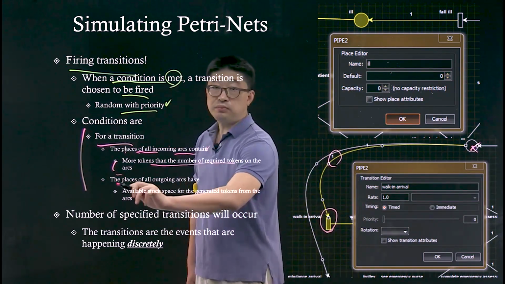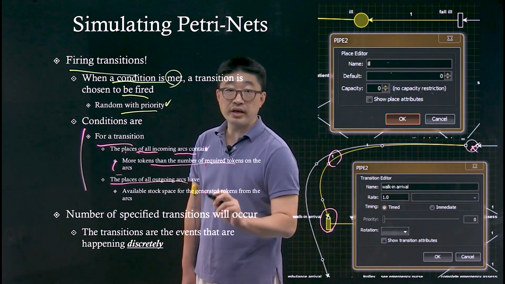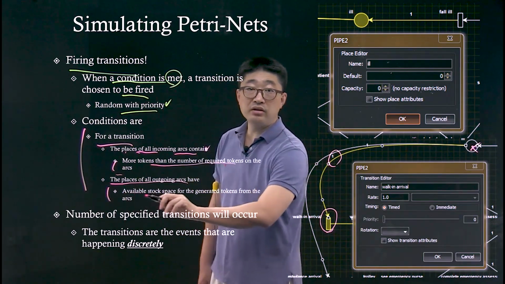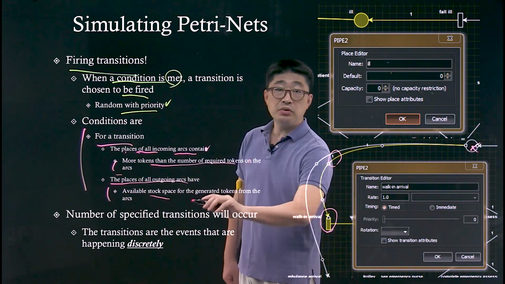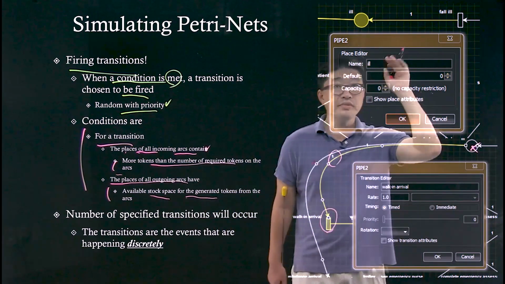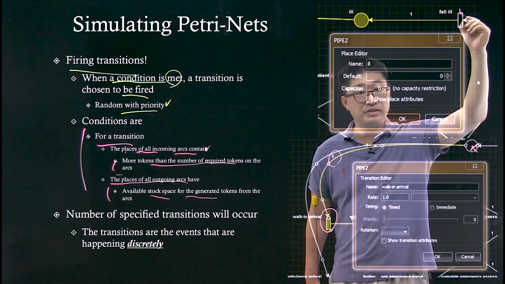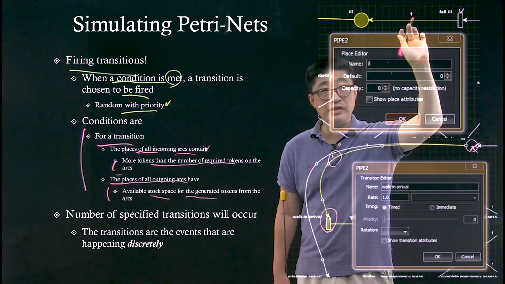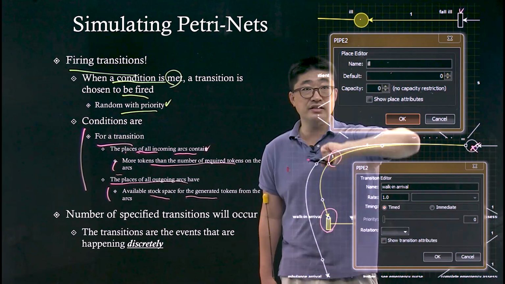And the places of all outgoing arcs must have available space for the tokens generated from the arcs. What does this tell us? If this transition is fired, it will place 1 token here.